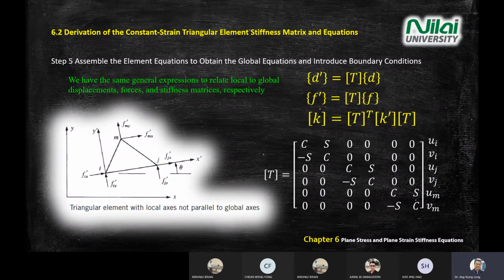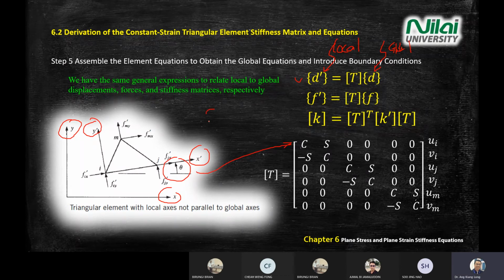Okay, these are the important equations. And I show you the T matrix. If you need to find the displacement, this is the local. Still remember, we use D prime to represent local. And this one is the global. So every time we look at the x and y and x prime, y prime with the angle, as long as you have an angle, you involve cos and sine.